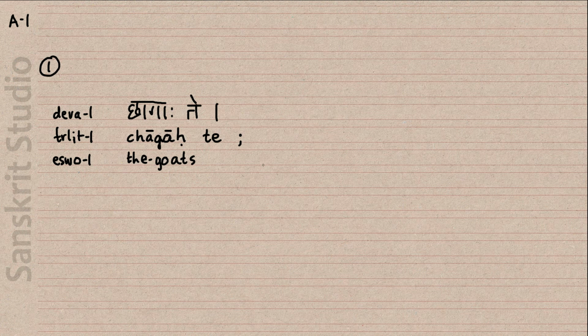But here, of course, chagaha is plural. So we have at least 3 goats that we're dealing with here. And therefore, since we have plural, this te over here must be the masculine variant.